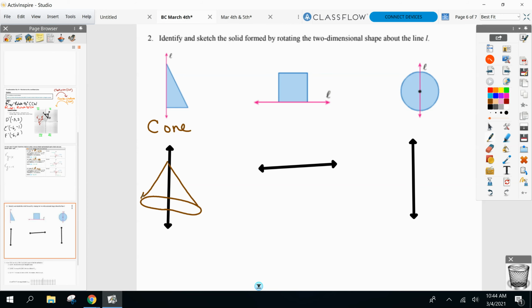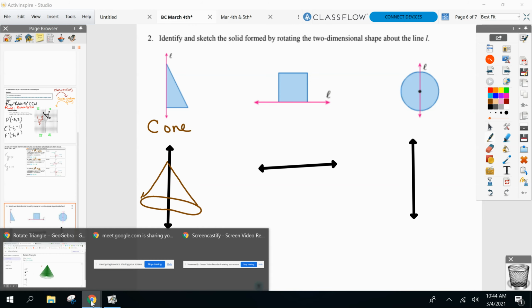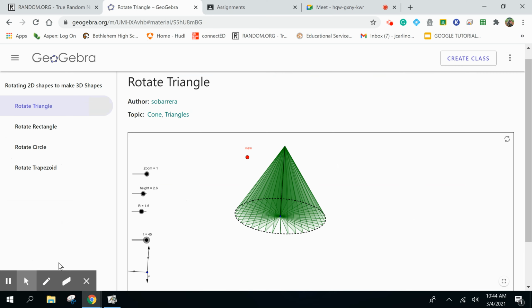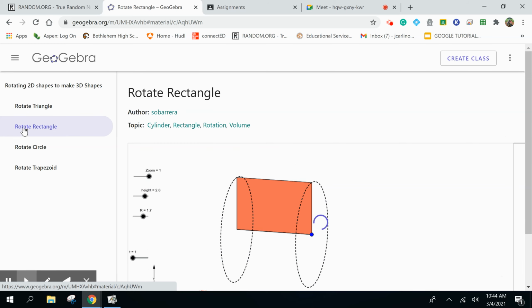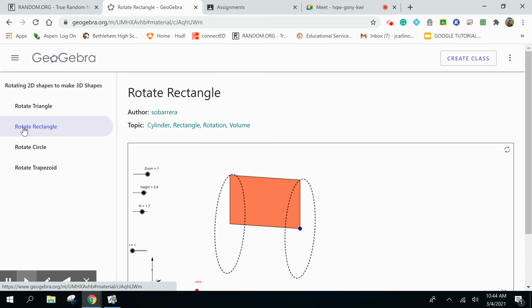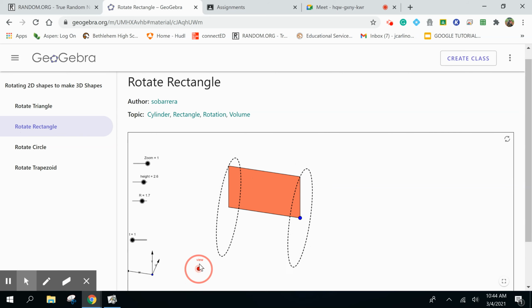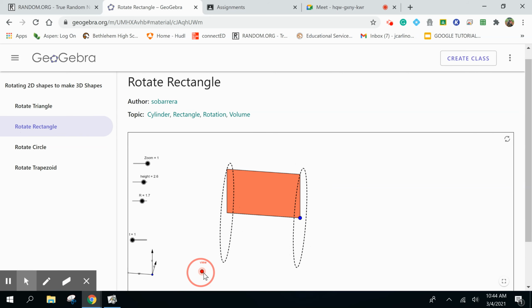Think you got it? Cylinder? Rectangular solid, somebody said in my first period class, but I just think he was throwing out words. Here you go, ready? Let me move that up.